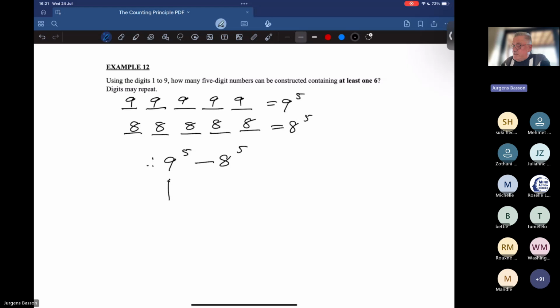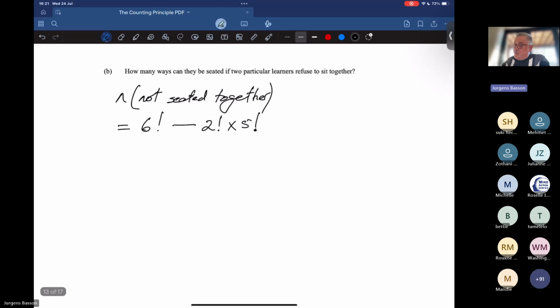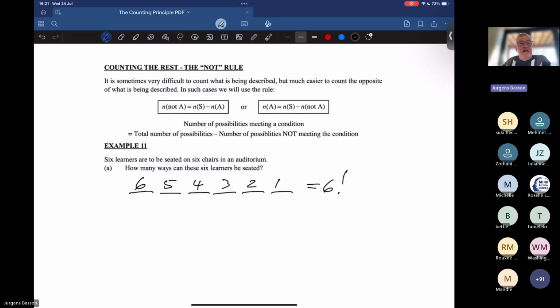Because this is your sample space, and this is the opposite. So if I can go back to this little formula, the not is what we are looking for, that is at least 1 6. So then we say sample space minus no 6. So I remove the 6. I know how many ways I can do it without the 6.